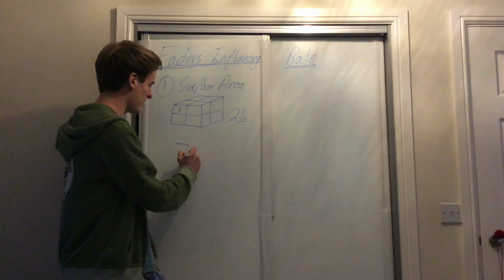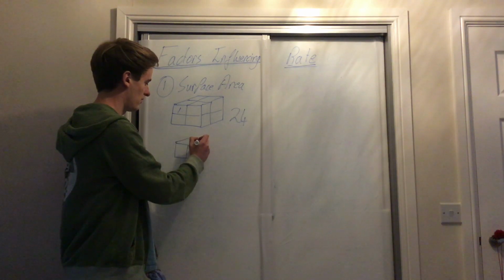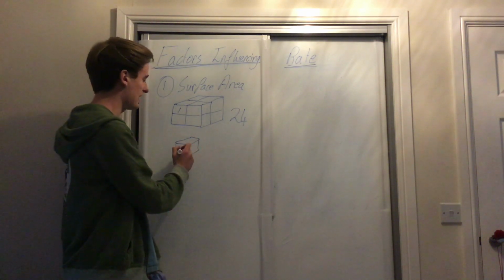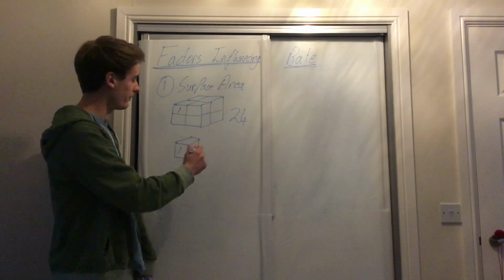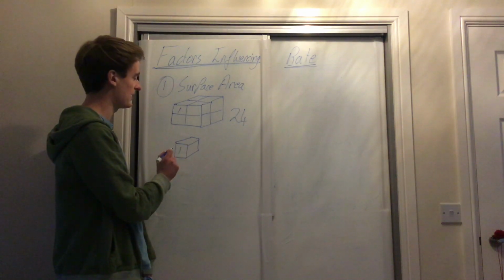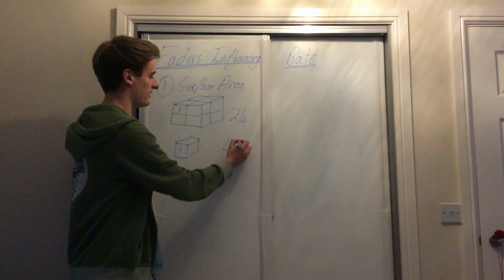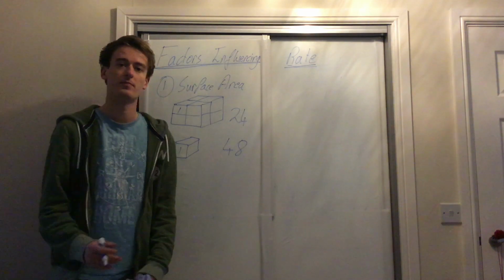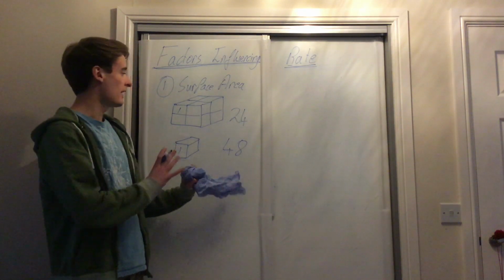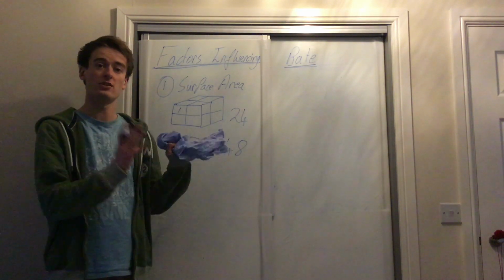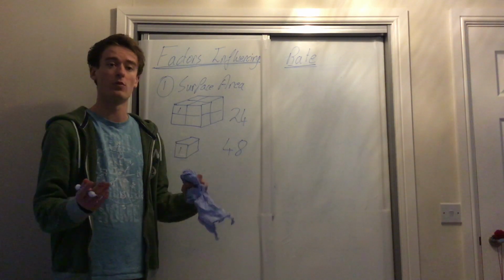Now, if I break this into the 8 cubes that it's made up of, each again with a face of 1, then my surface area becomes 48. Now, this shows how surface area can change as we crush something up and make it smaller.